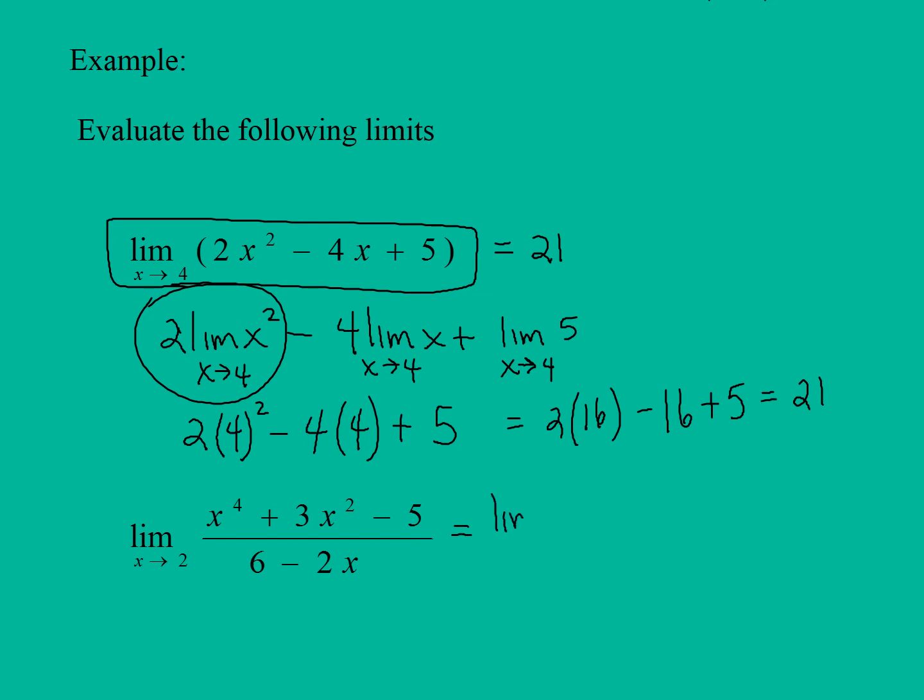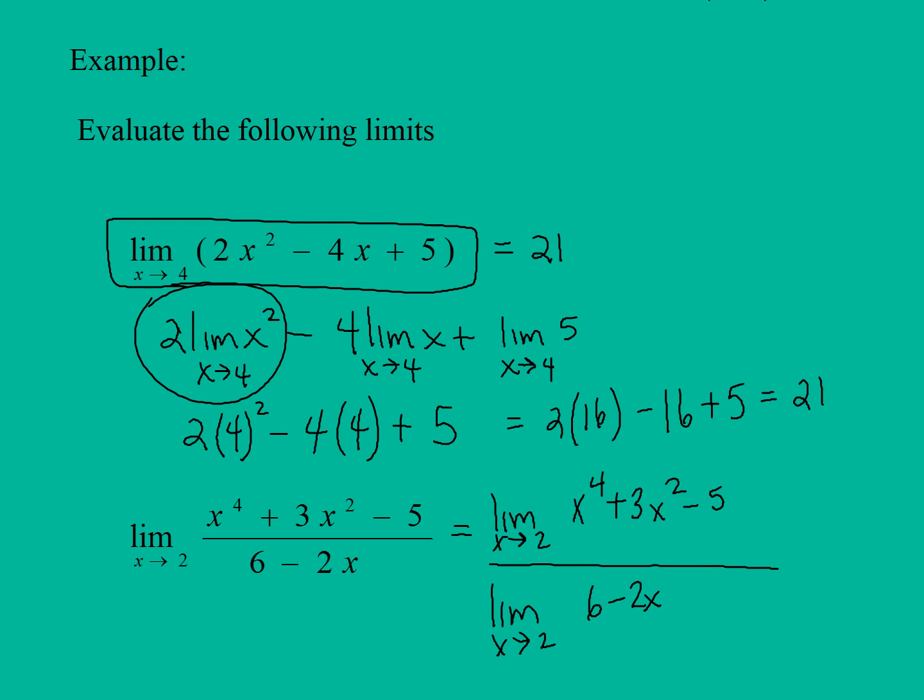Now, the next example, we could take the limit as x approaches 2 of x to the 4th plus 3x squared minus 5 divided by, I didn't get the division sign quite low enough, divided by the limit as x approaches 2 of 6 minus 2x.